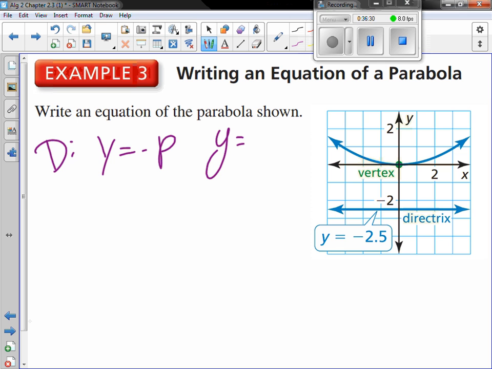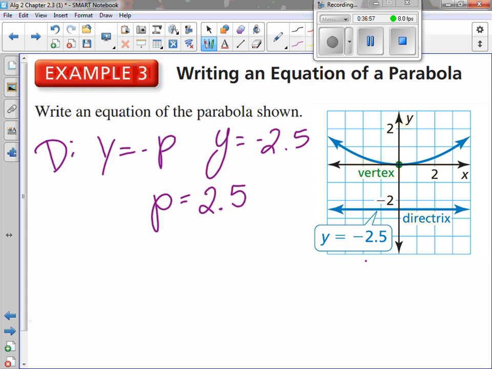Well, it tells us y is equal to negative 2.5. Our normal one is y equals negative p, negative 2.5. So we have a negative in both, yes? That means I'm not taking the negative, I'm just taking the number, 2.5.